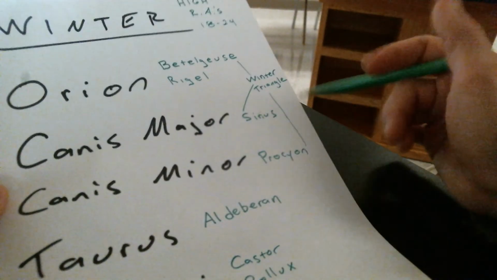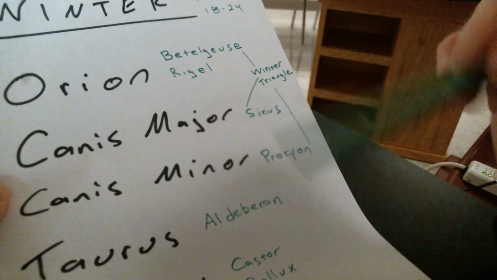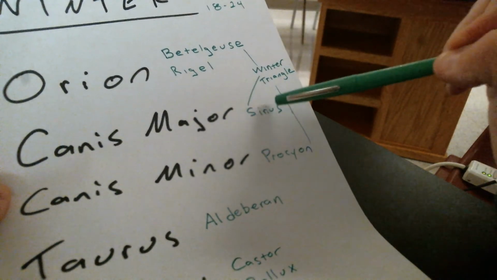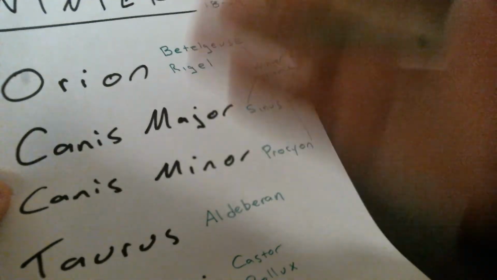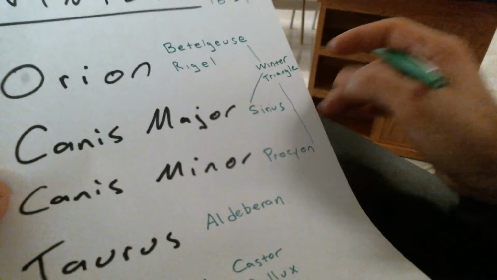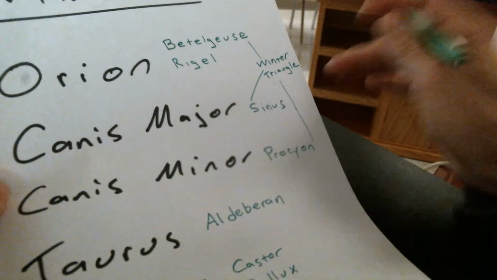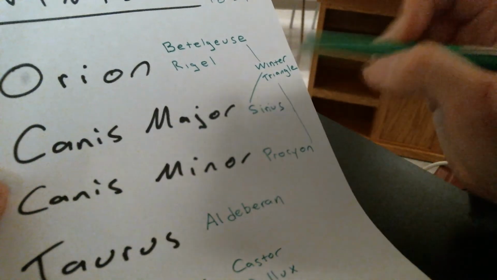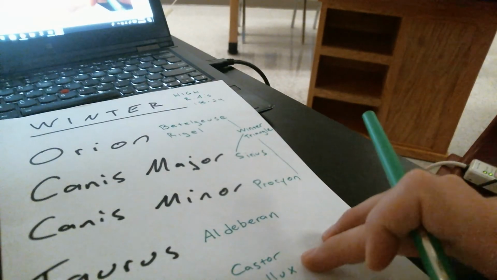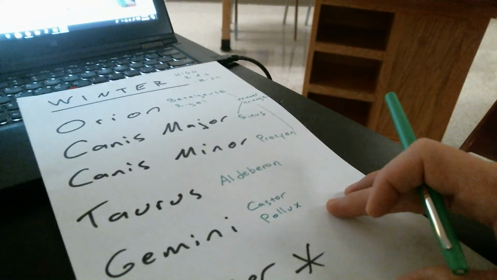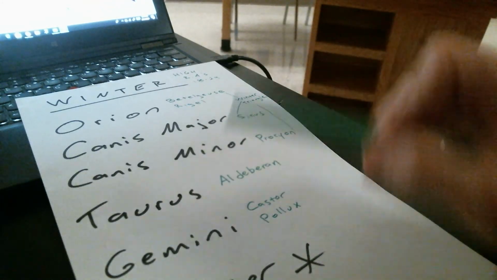Just like there was a summer triangle, there is also a winter triangle. These three stars, Betelgeuse, Sirius, and Procyon, they all form obviously a triangle. Very easy to recognize those three very bright stars in the winter sky, and they actually help you identify what all the other constellations are. Okay, so please remember that winter triangle, asterism.